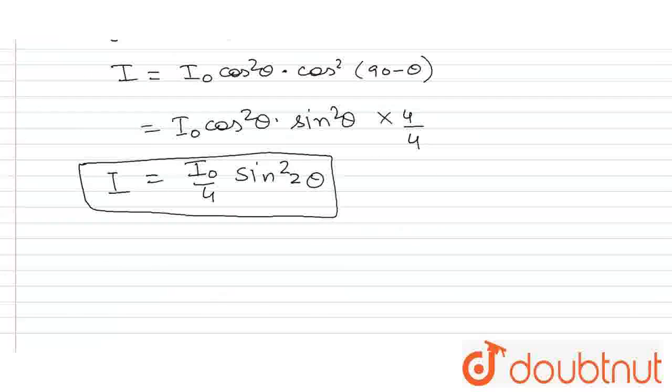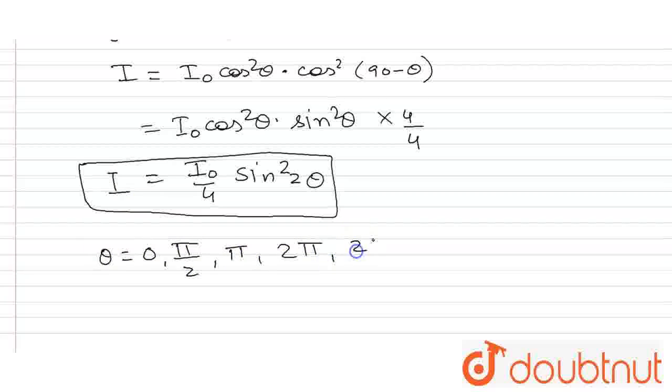Now what is the variation? So we put the value of theta equal to 0, pi by 2, pi, 3 pi by 2 and so on.